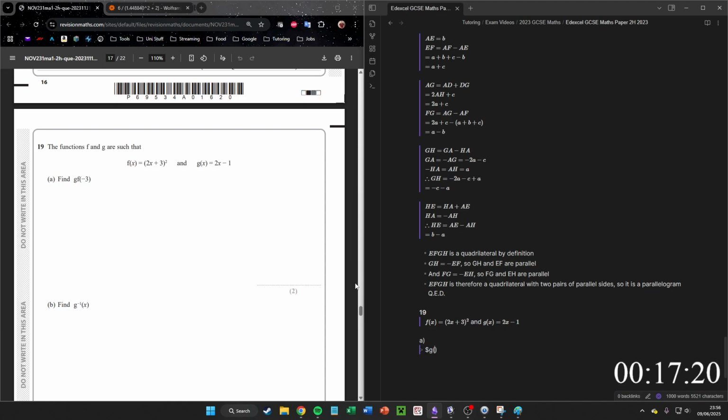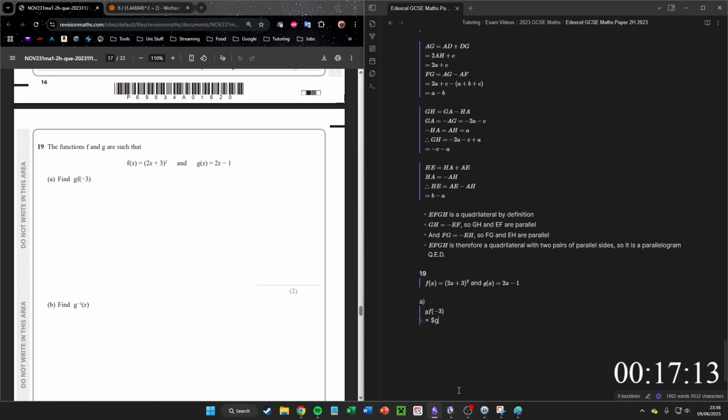We're trying to find gf of minus 3. If you've got a composite function, you do the one closest to the number first. So that's equal to g of f of minus 3. f of minus 3 is equal to (2 times minus 3 plus 3) all squared, which is equal to (minus 6 plus 3) all squared, which is equal to (minus 3) all squared, which is equal to 9.